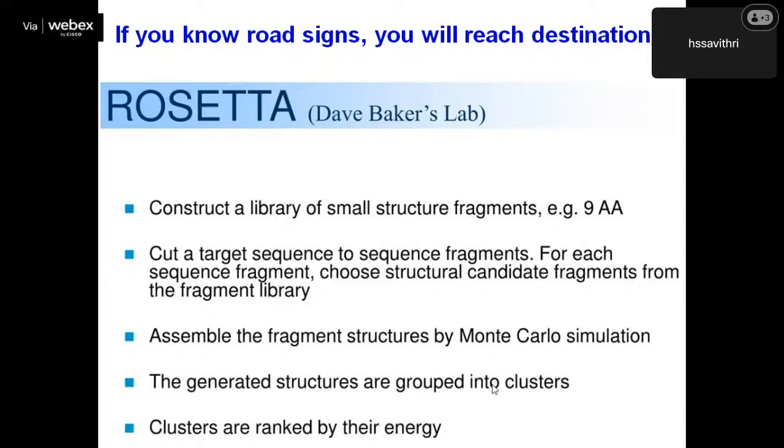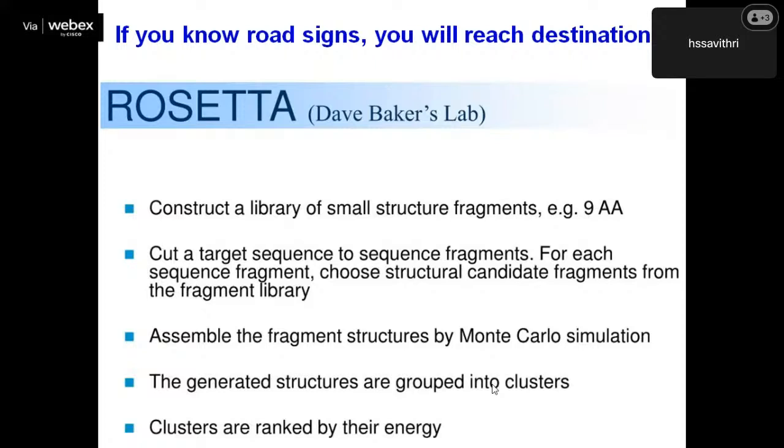In other words, knowing the amino acid sequence, you will be able to find what three-dimensional structure it is likely to assume. This uses the road signs to arrive at, starting from the open chain, the full folded chain.